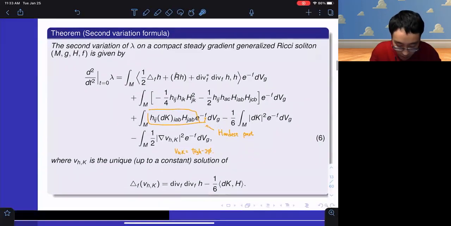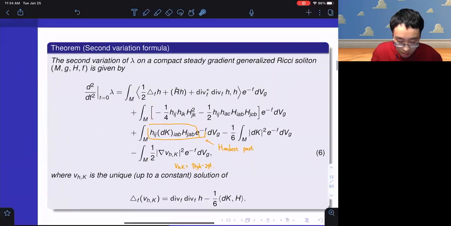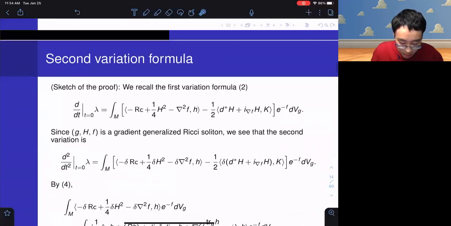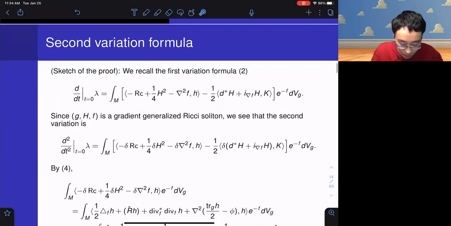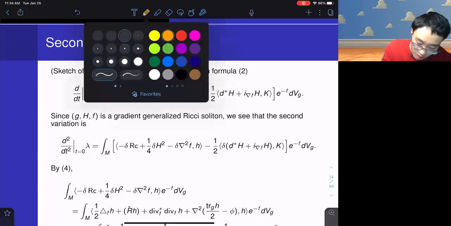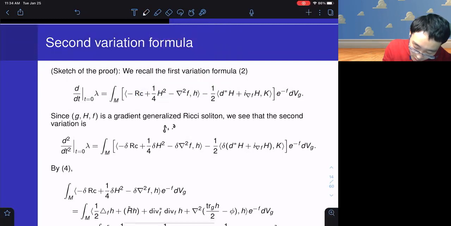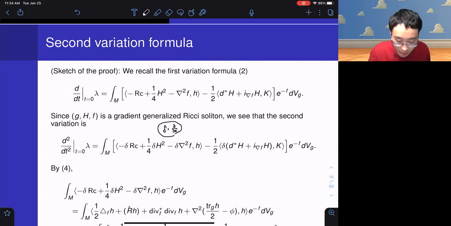Okay, good. So here, let me briefly explain how to derive this formula. It's just a simple computation. To compute the second variation formula, we should start at the first variation formula. Because we are in the soliton, after taking the derivative, here I use the notation that delta means the derivative, just for convenience.